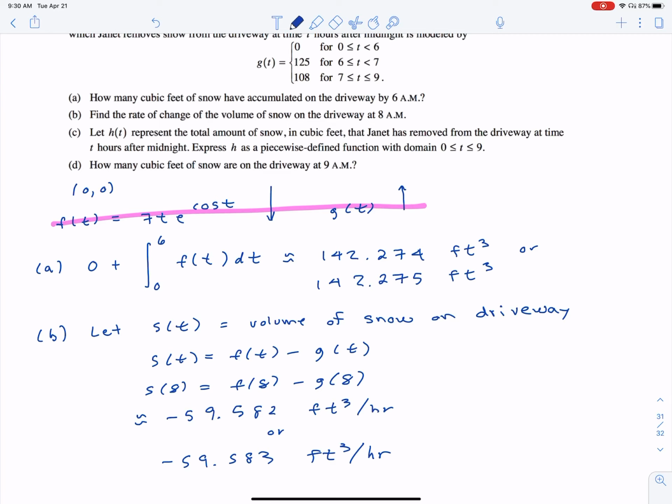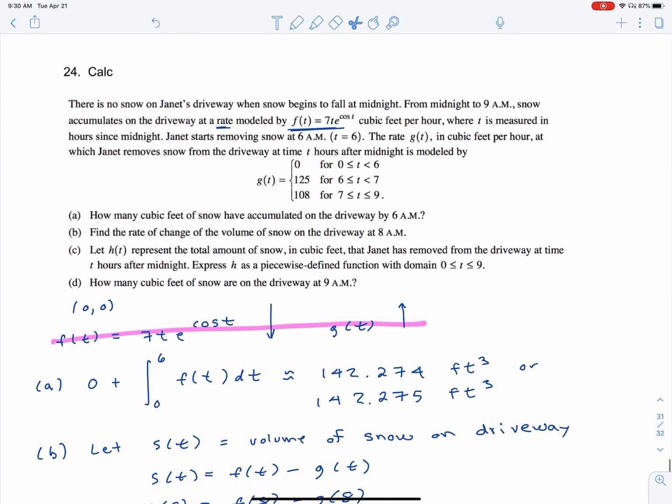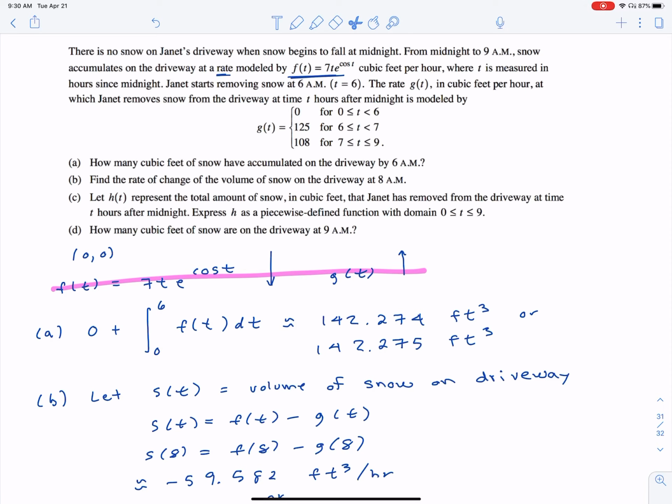Okay, let's continue. Let's read the question first. Let H of t represent the total amount of snow in cubic feet that Janet has removed from the driveway at time t hours after midnight. Express H as a piecewise function. So let H of t represent the total amount of snow in cubic feet that she's removing, right?